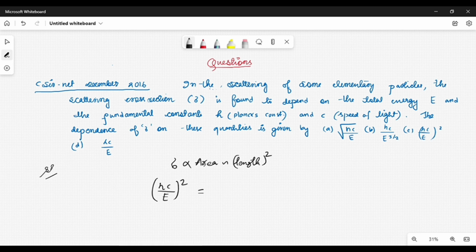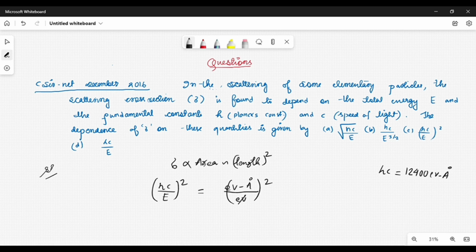I'm solving this one. Let us see whether the option is matching or not. You have to remember that hc has a value of 12400 electron volt angstrom, right? I'm not writing the value, I only want the units, that is electron volt angstrom divided by energy. I could have used joule, but I am also writing the energy in terms of electron volt.